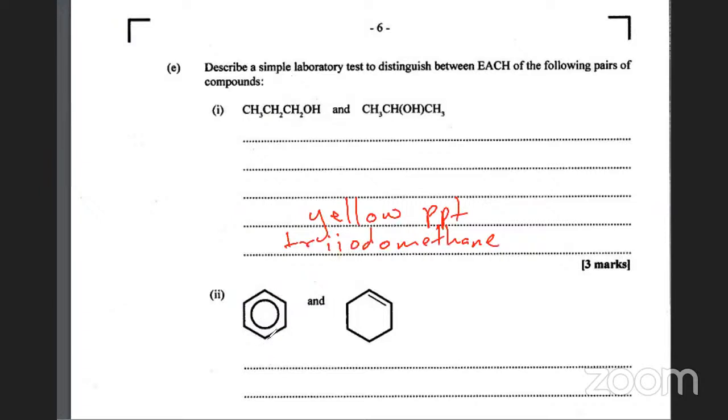Next, which compound is this? Benzene. Okay. So we have benzene and we have an alkene. As we know, even though both of them have double bonds, benzene does not react like an alkene.